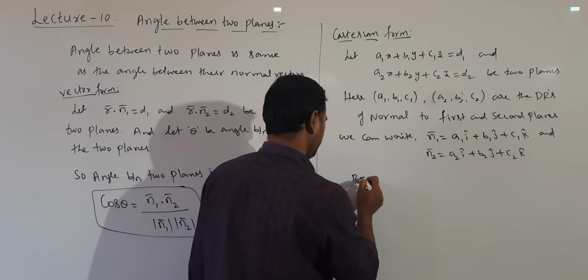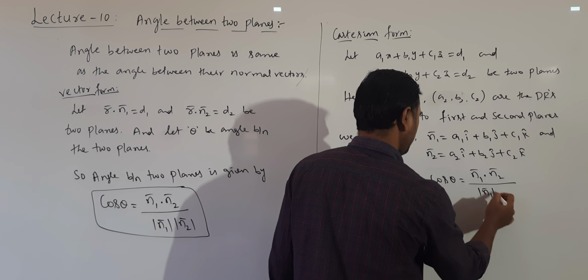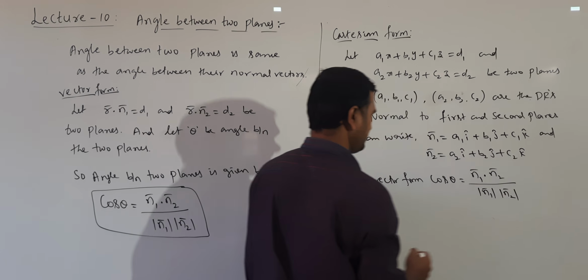cos theta we write as n1 bar dot n2 bar divided by magnitude of n1 into magnitude of n2.